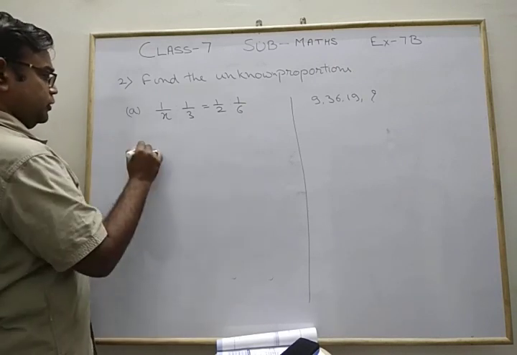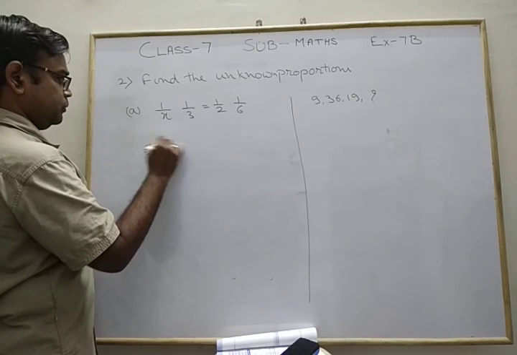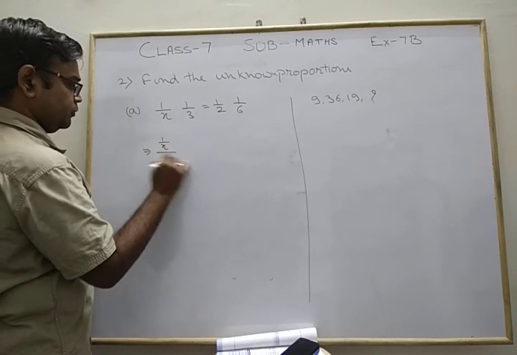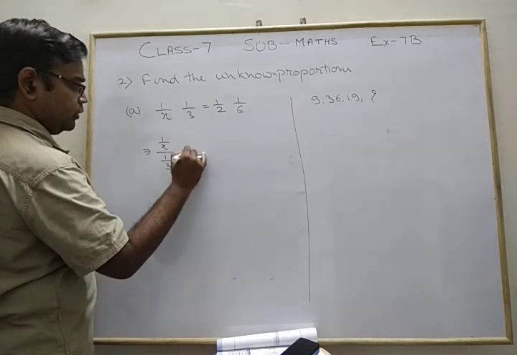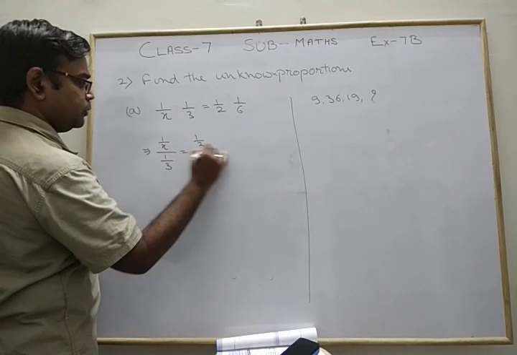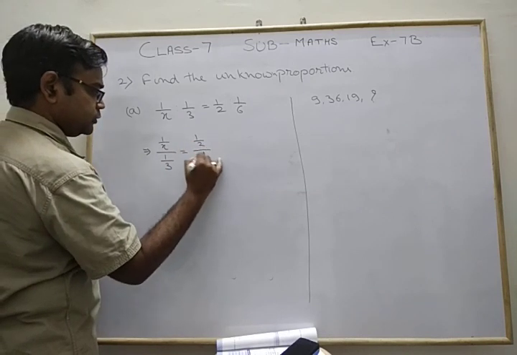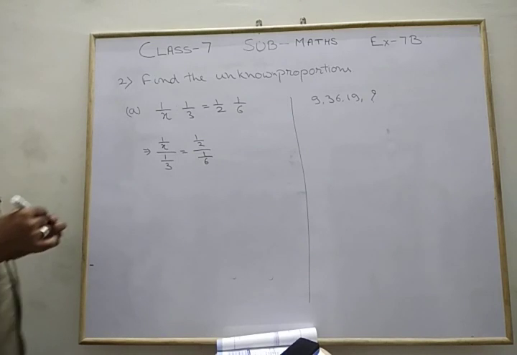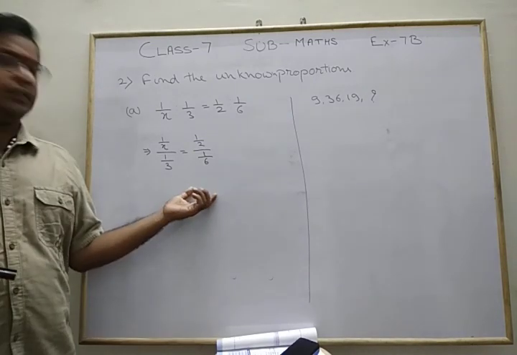We know it's 1 upon x whole upon 1 upon 3 equals 1 upon 2 whole upon 1 upon 6. Students, pay a little attention.